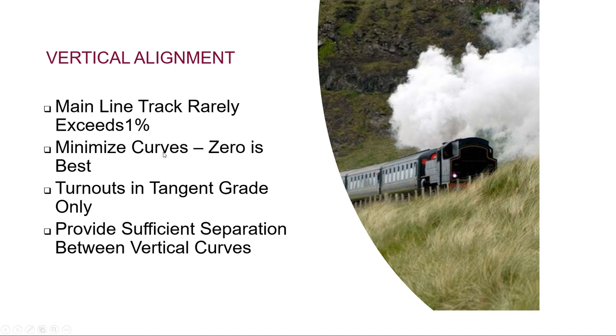You try to have as many curves or as few curves as possible. 0 is the best, right? A turnout, we're going to talk about what turnouts are. You only do that on straightaways, on the tangent track, right? And if you've got vertical curves, you need a nice long tangent in between, or the longest tangent you can in between, because as long as these trains are, if they're going through multiple curves, if the front part of the train is in one curve and the back part of the train is in another curve, that is a huge need of extra horsepower by the locomotives, which they may or may not have, right?